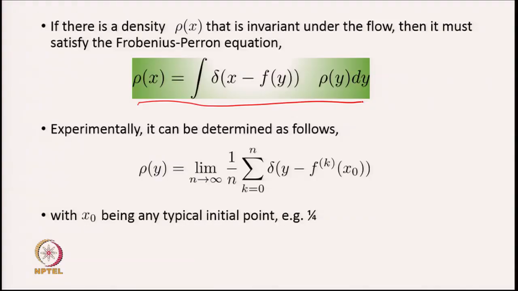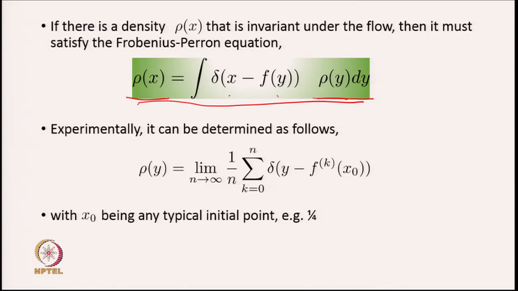Namely, if you have a density rho which is invariant, and a function f that is the mapping, then rho of y dy, for all the points y when they map to the point x, must give you back rho of x, which is the same. So, an invariant density has to satisfy this equation of stationarity known as the Frobenius-Perron equation.